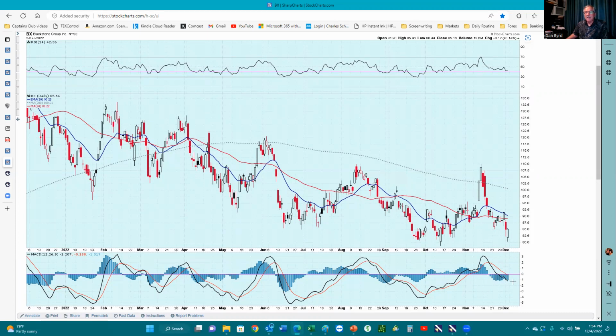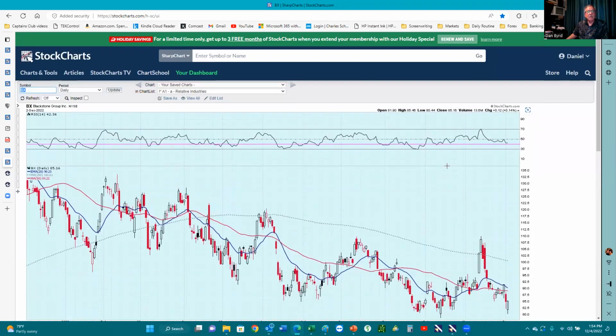I'd like to see it head higher and actually get above zero. Like right here, the line itself was still below zero, but the histogram went above zero and had a brief rally when that happened. But I would wait for this to turn up before I would do anything with this one. Sure, sounds good to me.